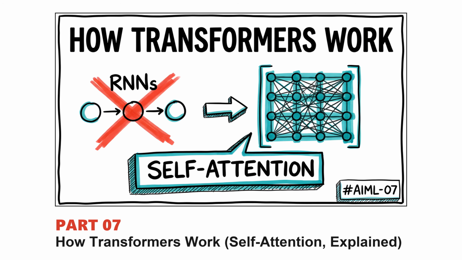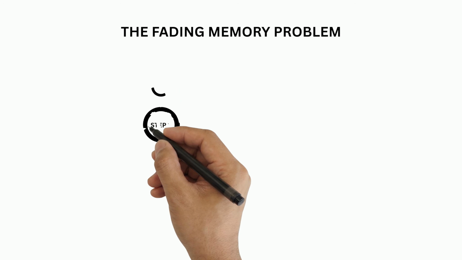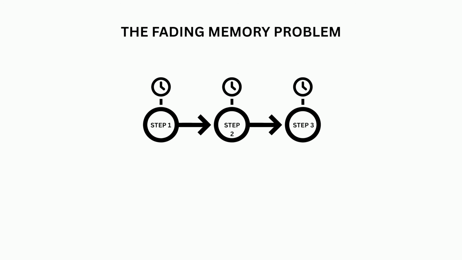Part 7. How transformers work. Attention gave RNNs a way to look back at any earlier moment, but it left one big problem untouched. An RNN still has to process a sequence one step at a time. Step 2 can't even start until step 1 finishes. On a long sequence or a huge training set, that's painfully slow because it can't be parallelized across time.